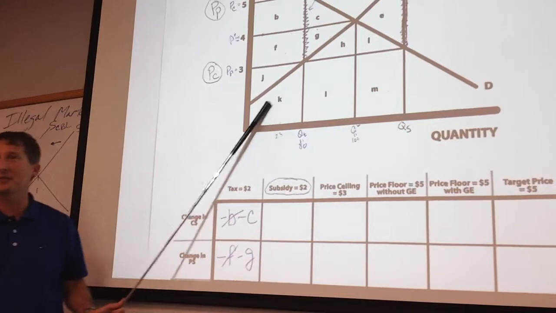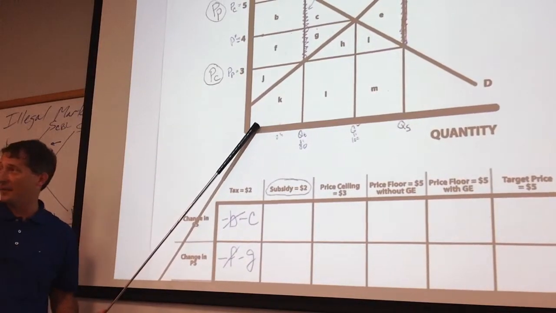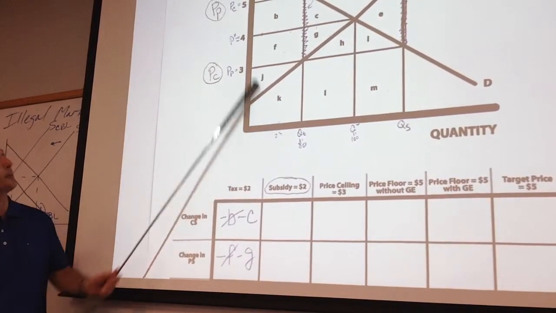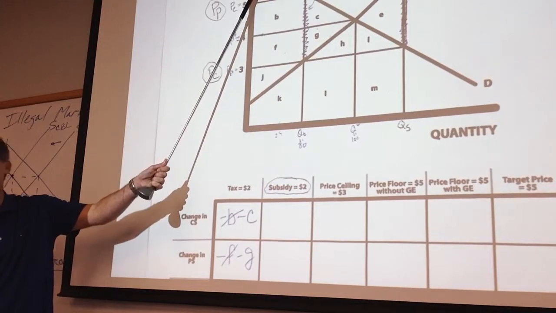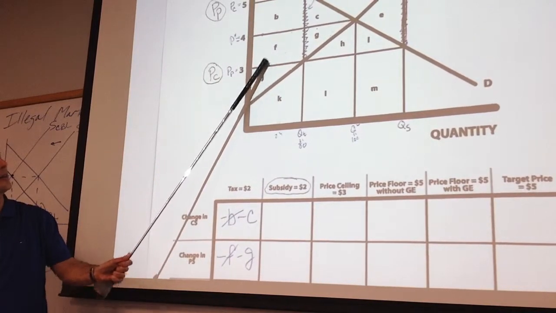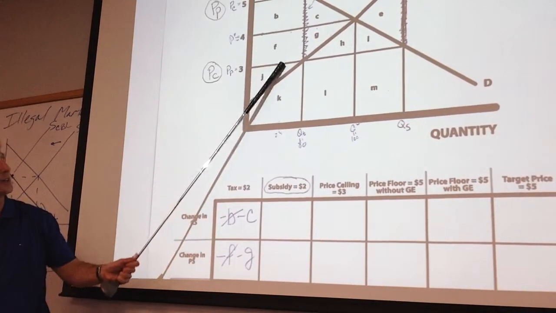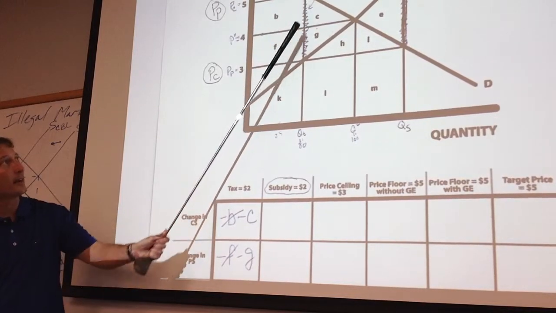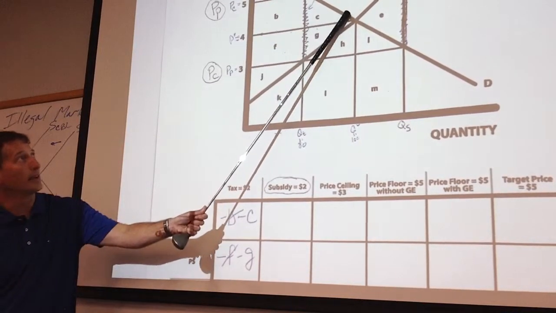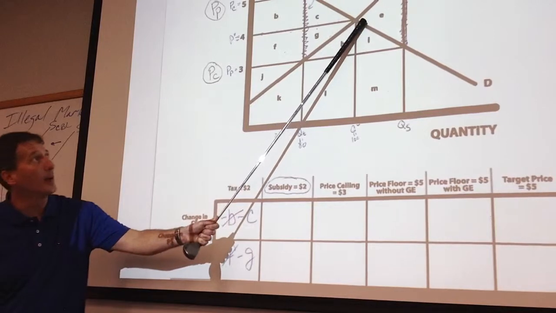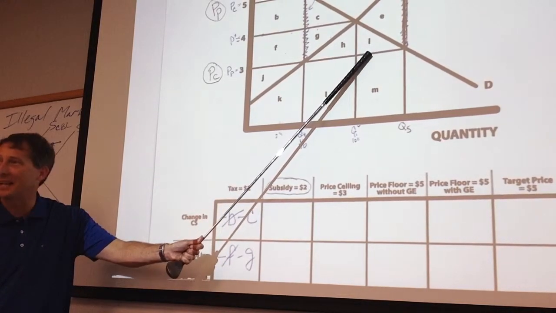We start from left to right, and we look at that definition. The difference between what we're willing to pay and what we actually pay. $3. Willing, actual, willing, actual, and so on. Am I done yet?